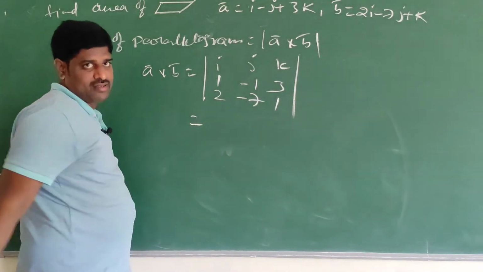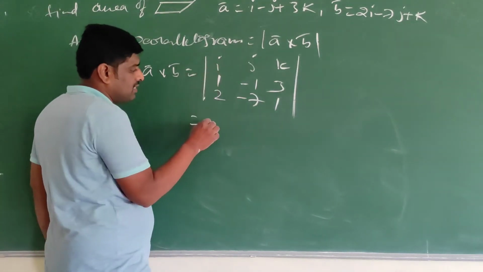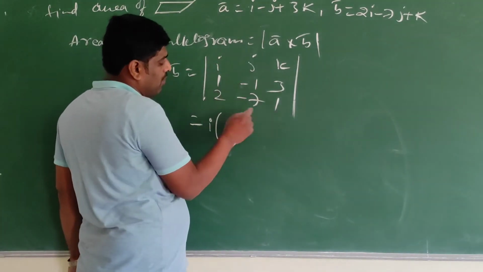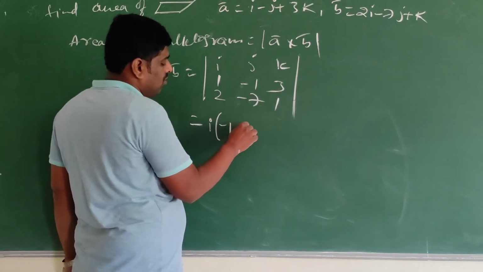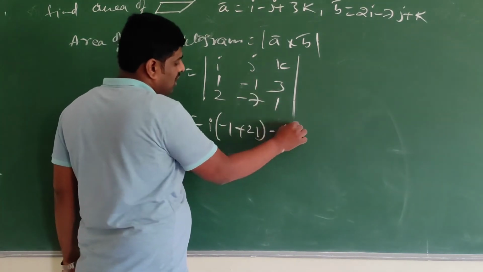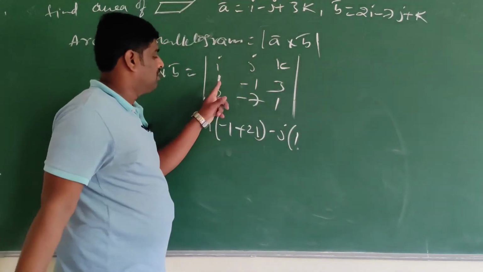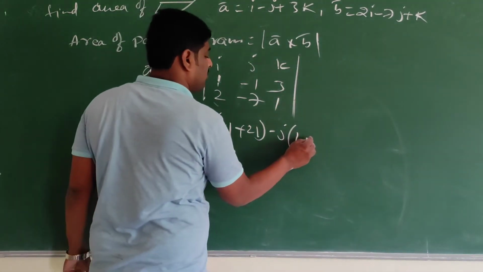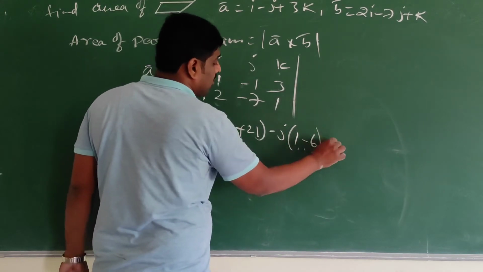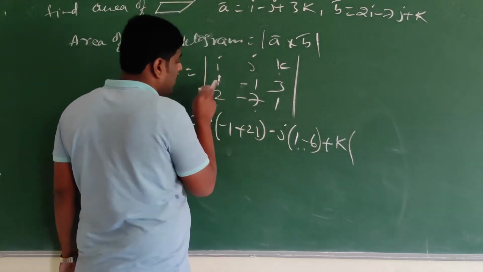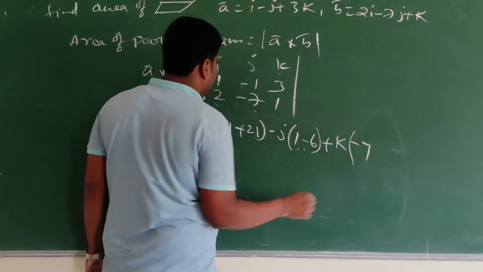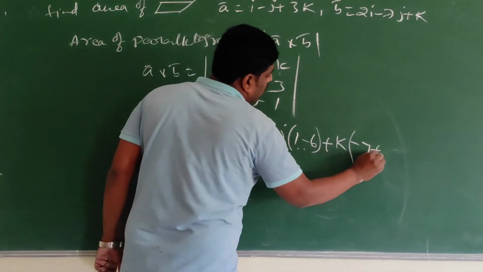Just expand this by using the first row. That is I into 1 into minus 1, 7 3s are 21, minus j into 1 1s are 1, 3 2s are 6, minus 6, plus k into minus 7 into 1 minus 7, 2 1s are 2.